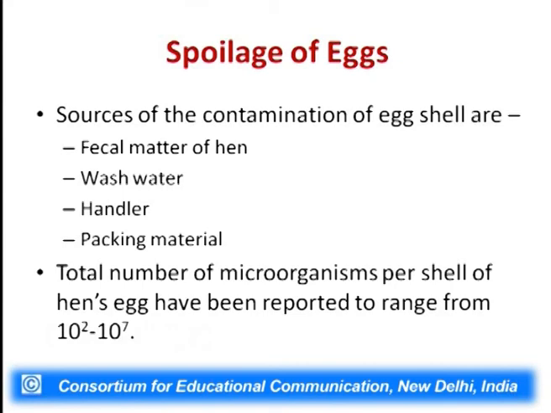The total number of microorganisms per shell of a hen's egg has been reported in a range of 10 raised to power 2 to 10 raised to power 7. So, a high number of microorganisms are present on the surface of the shell of the eggs.